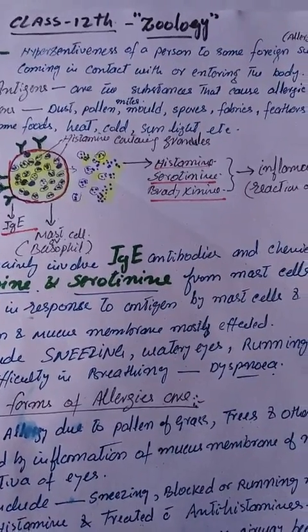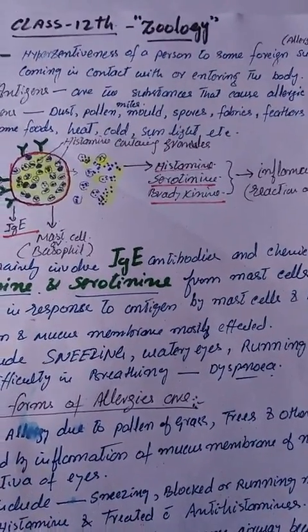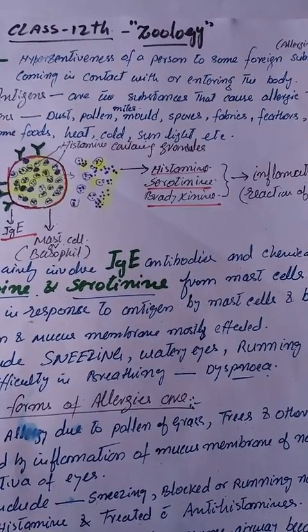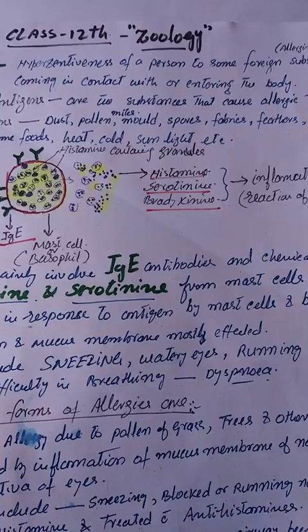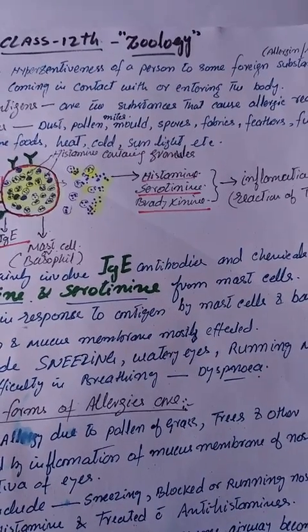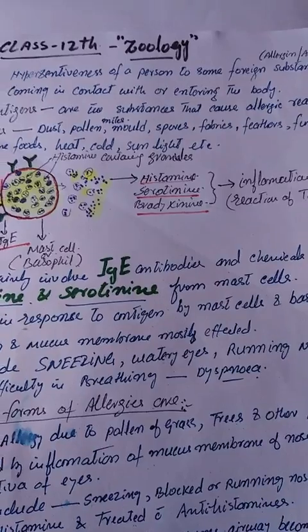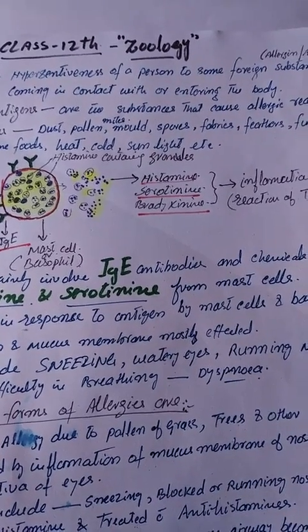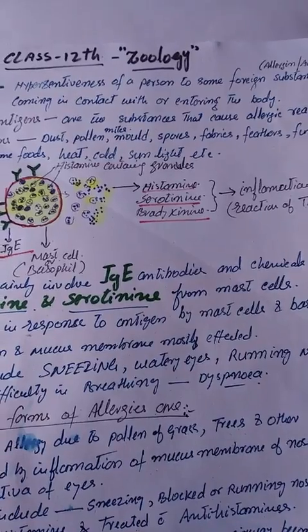My today's topic is allergies. Now, allergy is basically hypersensitiveness of a person to some foreign substance, which we call an allergen or antigen, that comes in contact with our body or enters our body.